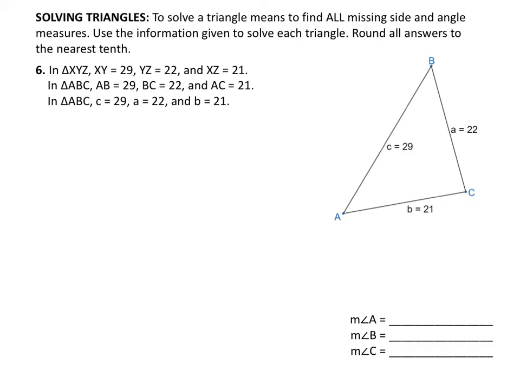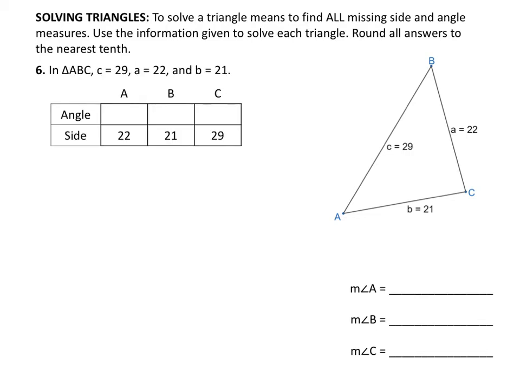Now that I have this information, I drew a little triangle for us, and we're solving for the measure of angle A, angle B, and angle C. The only thing I need now is a table, and maybe get rid of some of this work at the top. Let's see how this goes. Perfect. So in triangle ABC, c is 29, a is 22, and b is 21. Now it looks like all the other problems I've solved already.